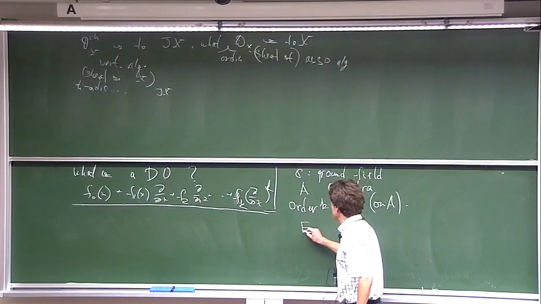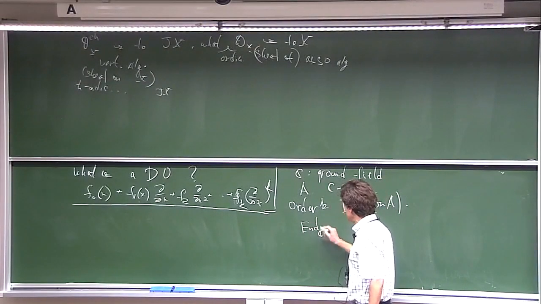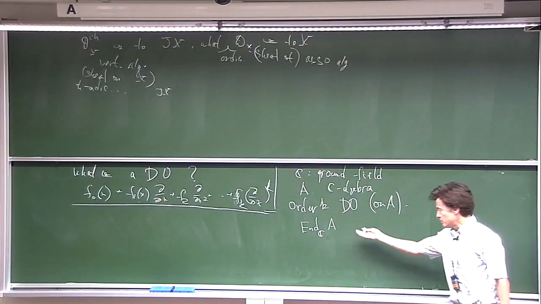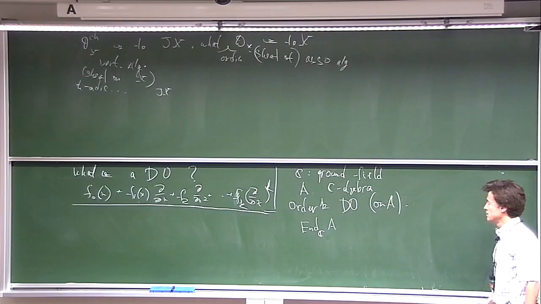First of all, consider the space of C-linear endomorphisms of A. A is a vector space, so that's an associative algebra over C as well.